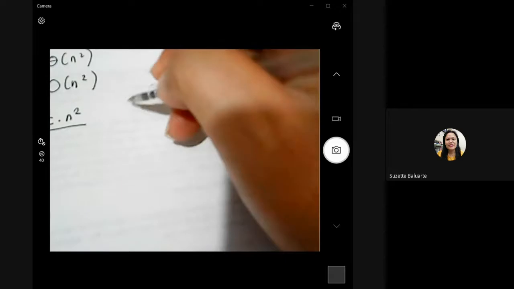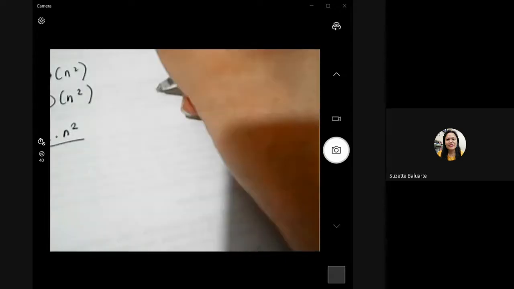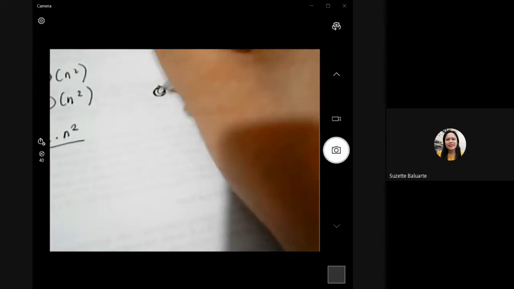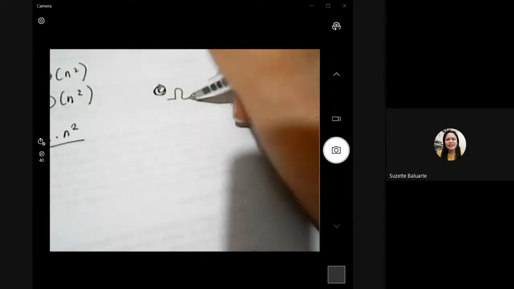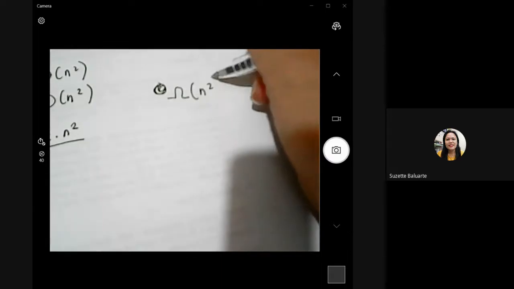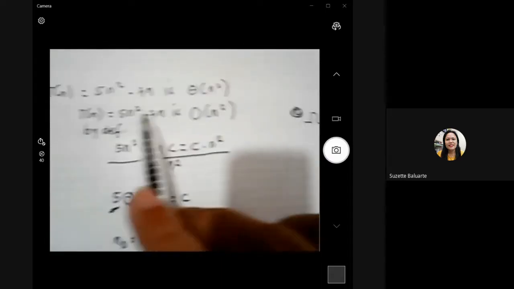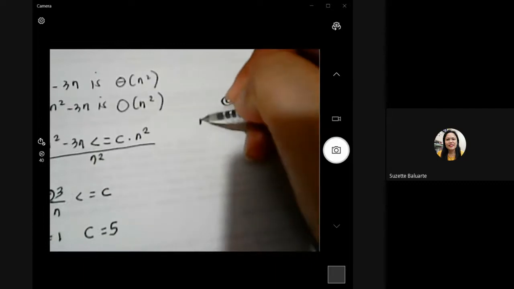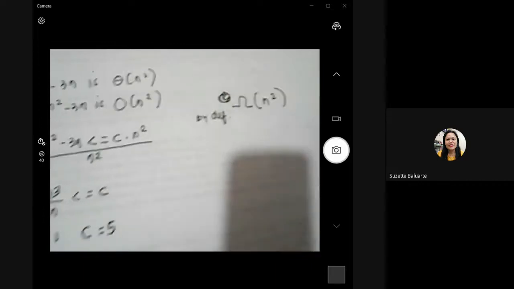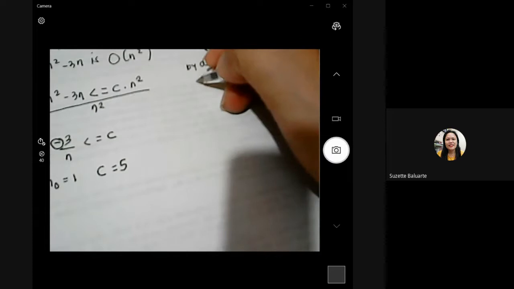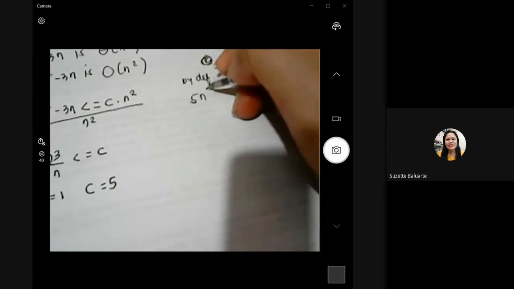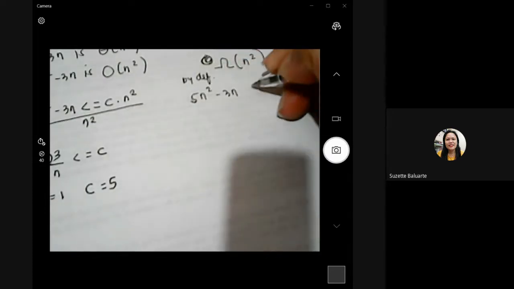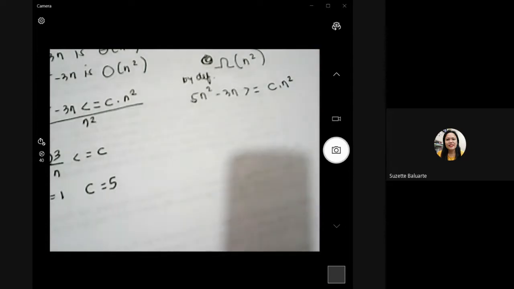Let us go back and write this for big omega. Write it formally, the same way. By definition, 5N squared minus 3N is greater than or equal to C times N squared.